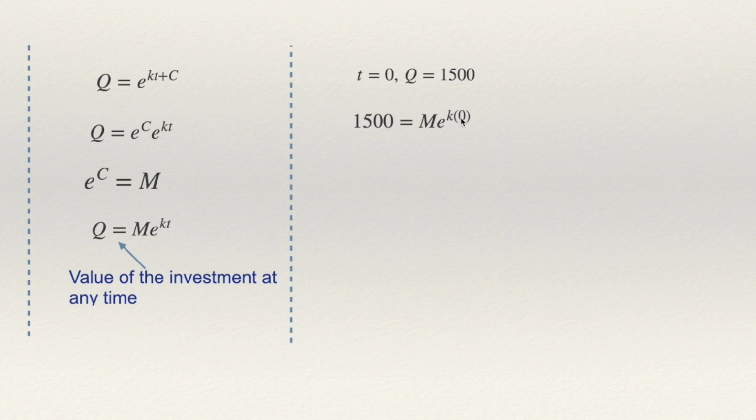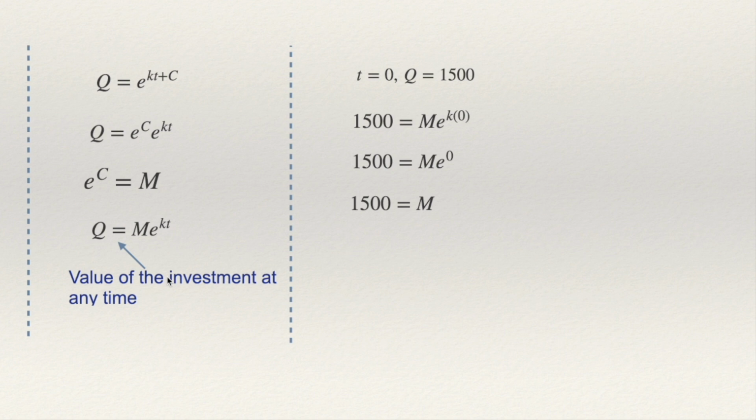But k multiplied by 0 is 0, and e to the power 0 is 1. So actually we can write m equals 1500, and we have a value for m.